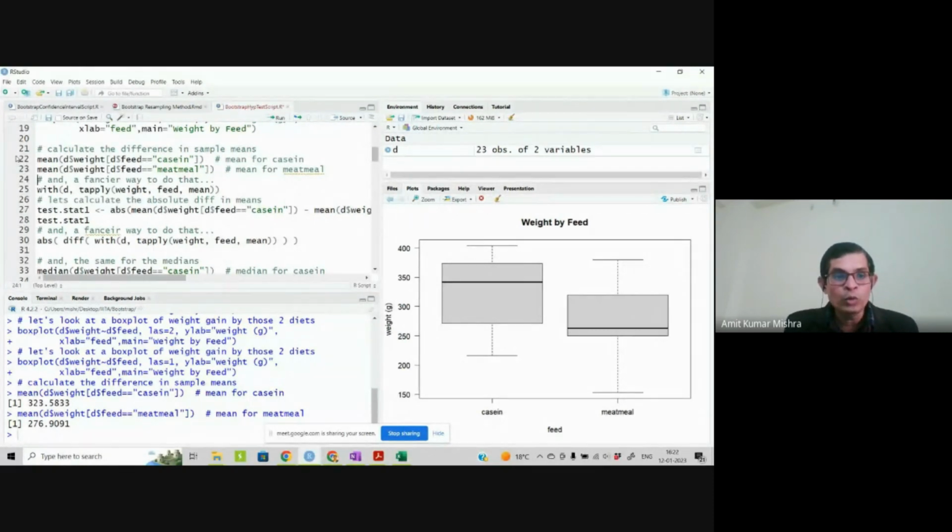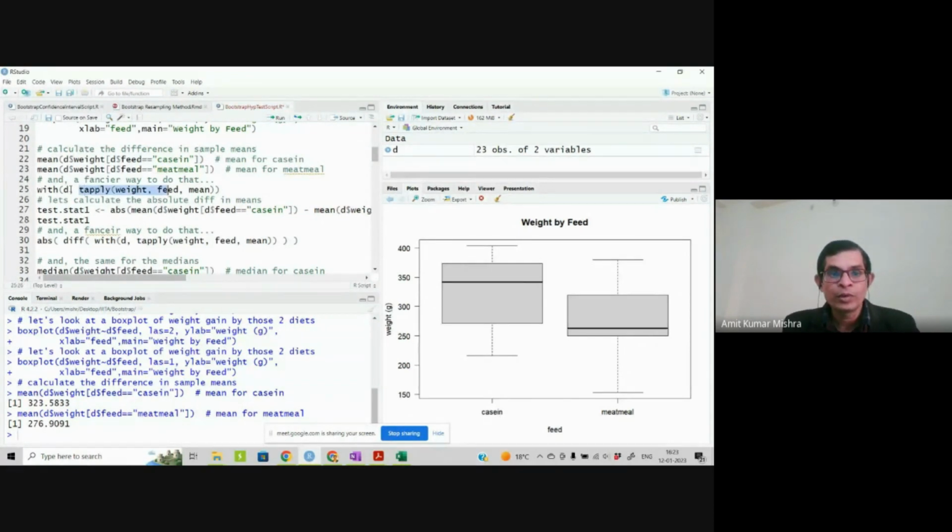You can do this at once with the function with. If you don't know this function, you just go to help and you will find it. What this function does is it takes the data and then applies what you are writing here.